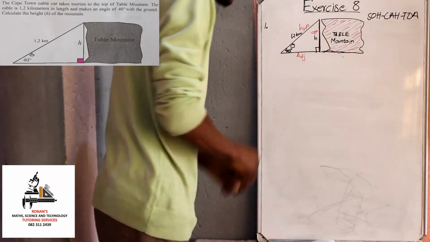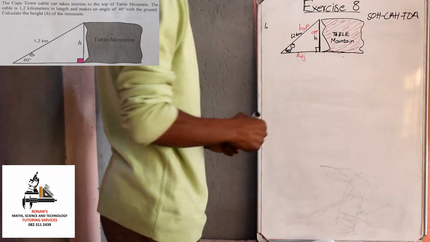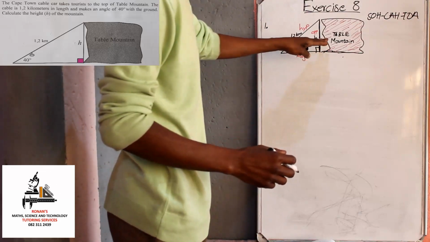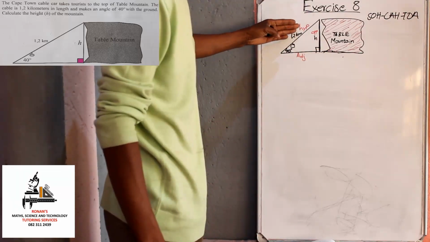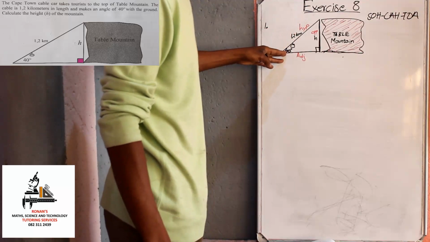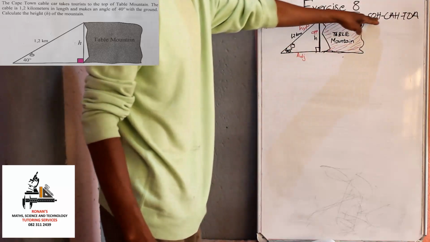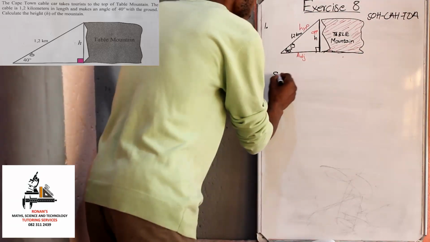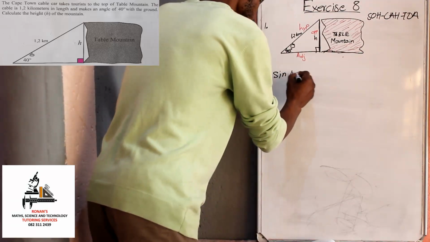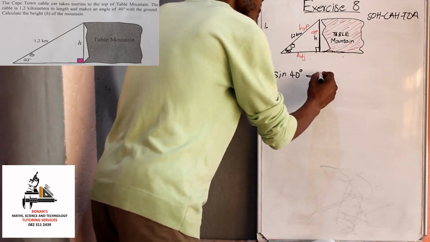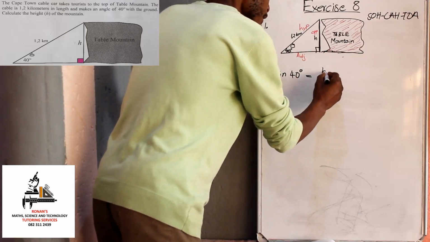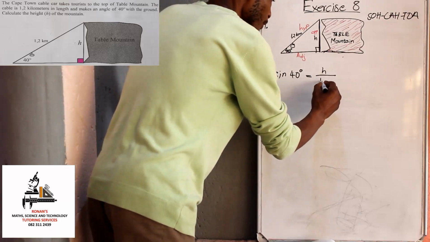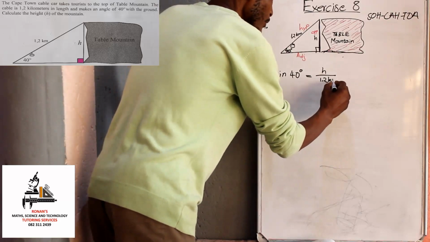So, for us to obtain h, it means we're going to have to say opposite side and a relationship of one given side. That's going to be my hypotenuse and the angle 40 degrees. Then that is going to be a sine function relationship. So sine 40 degrees is equal to the opposite side being h over the hypotenuse being 1.2 kilometers.